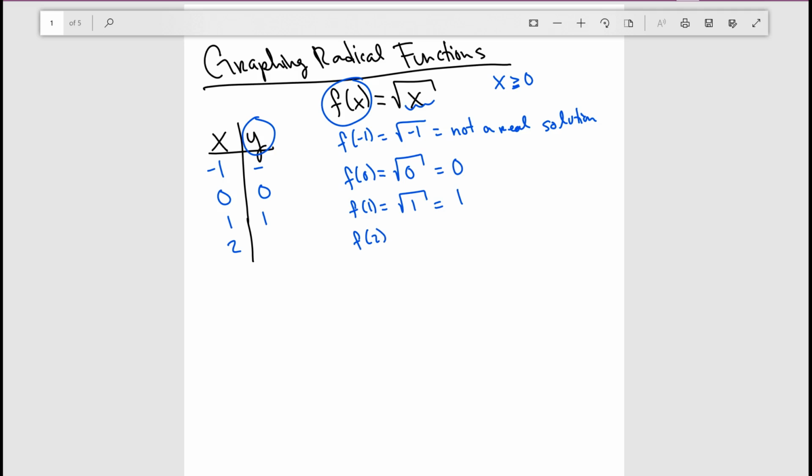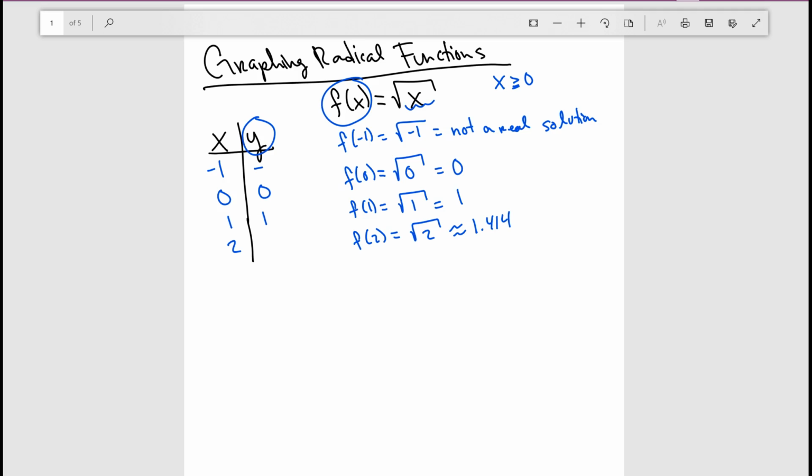These are going to be a little bit difficult because then you have the square root of 2. If you have a calculator, you can try to approximate this. So if you have your calculator, just put in the square root of 2, and what you're going to get is approximately 1.414.